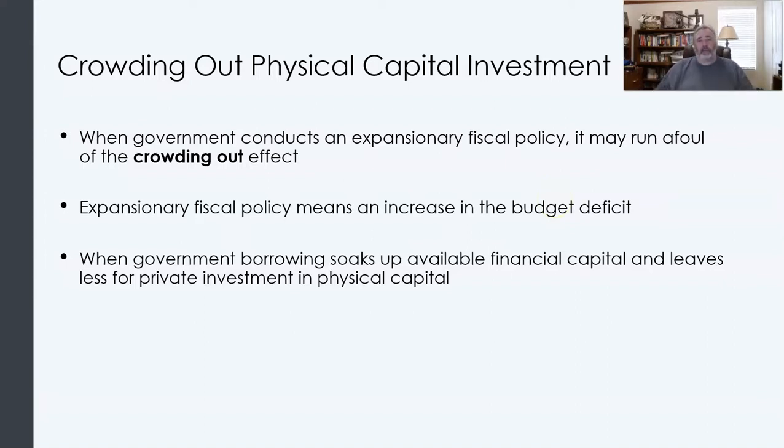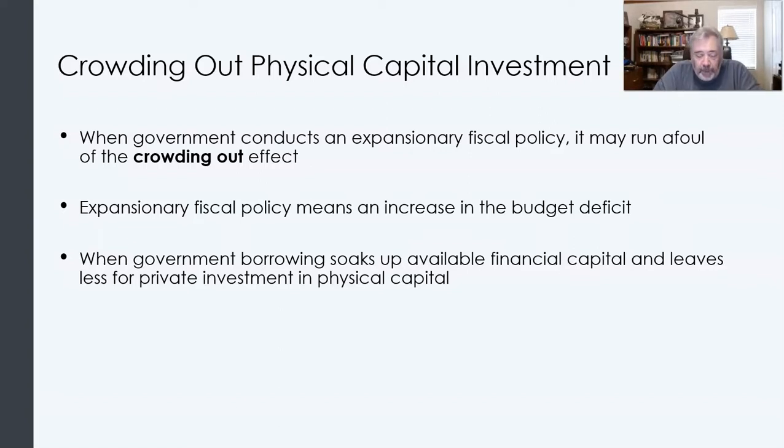Because remember what I said, the argument about crowding out is that when government goes to spend money, they cause interest rates to rise, and the higher rate of interest means that businesses are going to borrow less money because it costs more now to borrow. And so even though G goes up, I goes down. And so you're really not making much progress. You crowded out business spending that might have otherwise occurred.